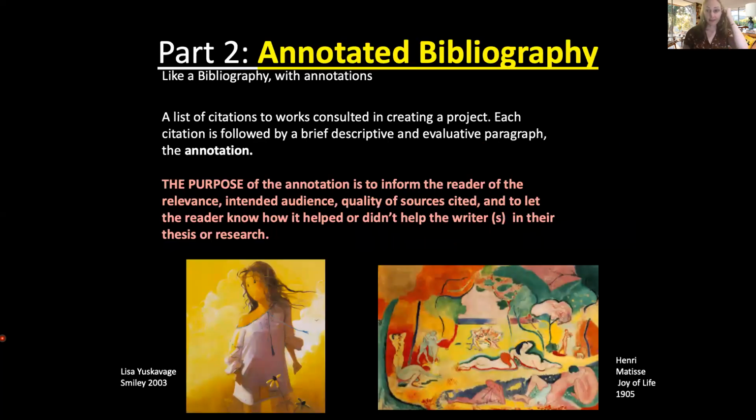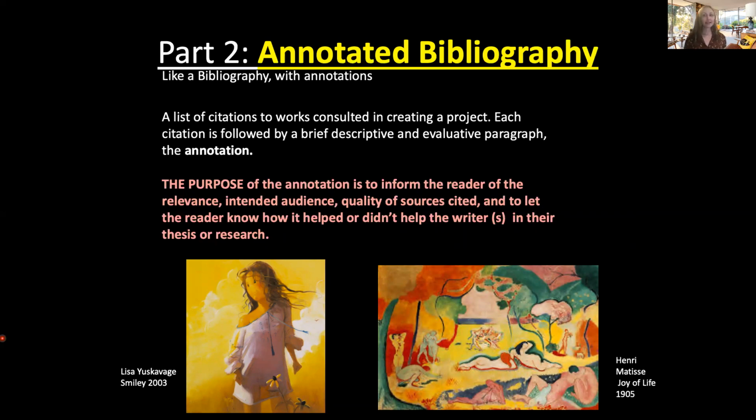So, bibliographically speaking, we're going to talk about the annotated bibliography. A bibliography is a list of work the author uses as research or consulted when creating a text or project, listed in a proper citation format. Okay, so what's an annotated bibliography?